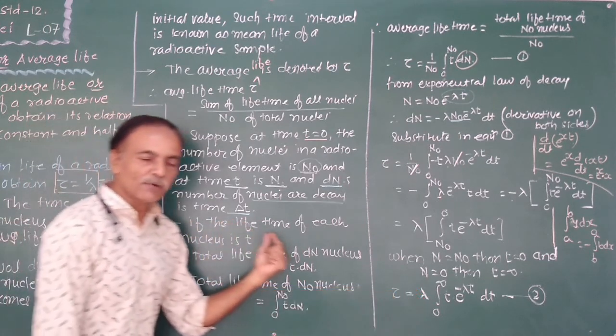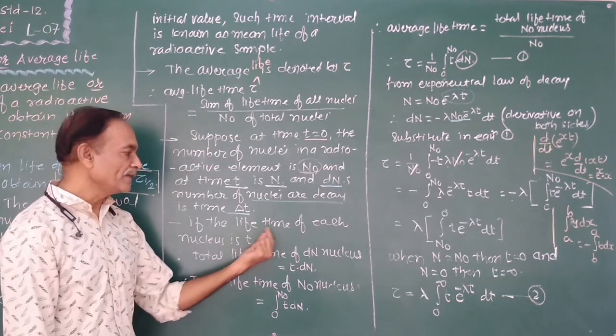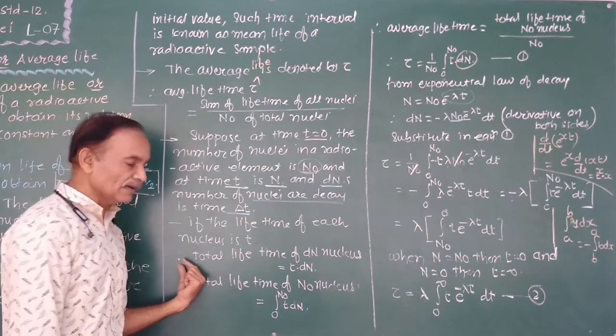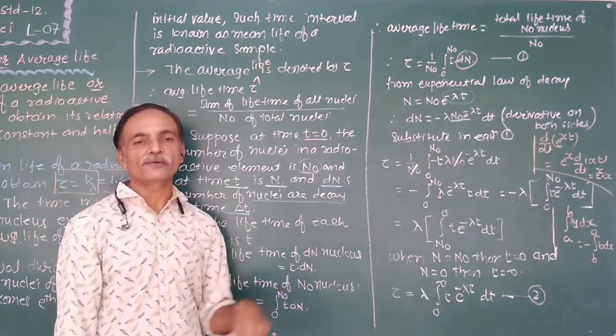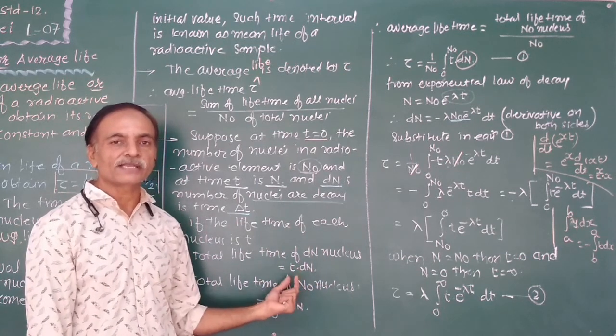The lifetime of each such nucleus is t, therefore the total life, the sum of the lives of dn nuclei, is t plus t plus t, that is, t into dn.